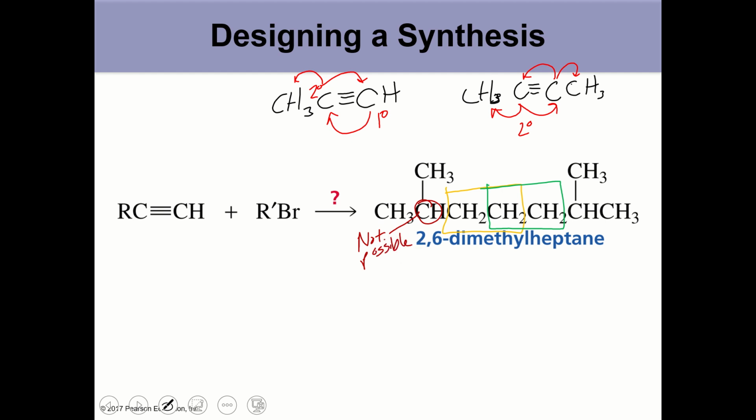Okay, so my initial alkyne, we can have 2 options. I could have my orange option, where my triple bond is between the two carbons that are in the orange square. Or I could have my green option, where my triple bond is between the two carbons in the green square.